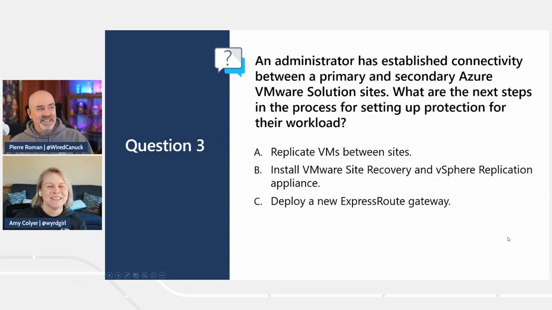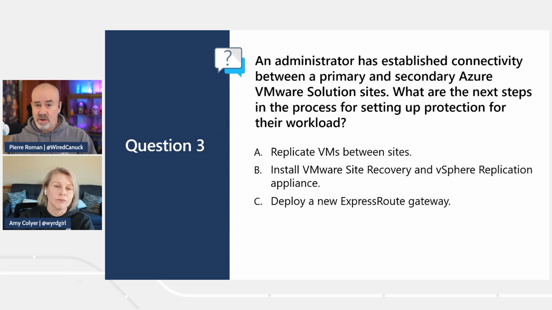All right. And I believe it's the last question. An administrator has established connectivity between the primary and the secondary Azure VMware solution site. What is the next step in the process for setting up protection for their workload?